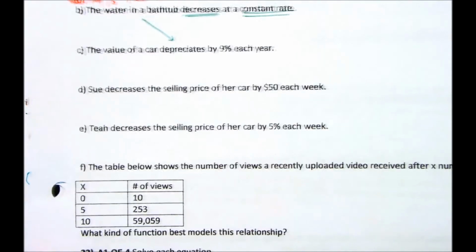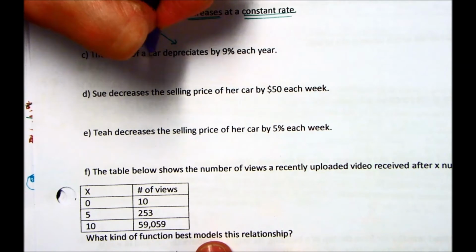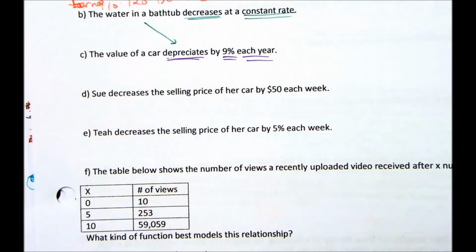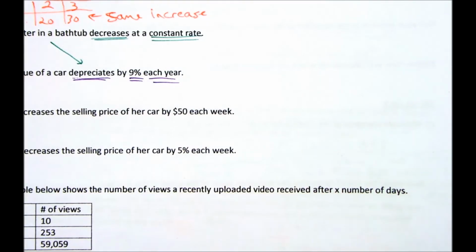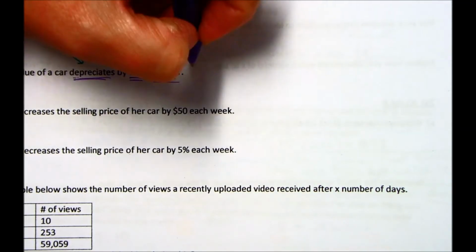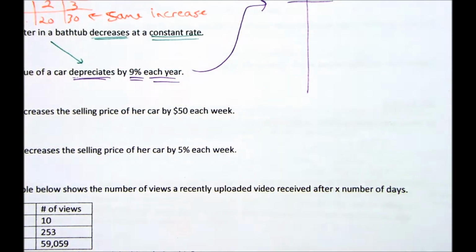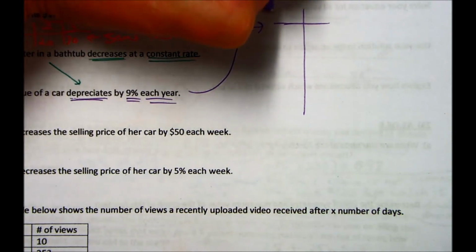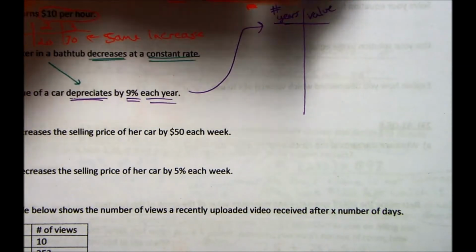The next one, though, is going to be exponential, and the reason is because you've got the value of a car that is depreciating by 9% each year. So I'm going to give you an example with a table so that you can see what's happening when the car depreciates by 9% each year. Let's say on the left I have my number of years, and on the right side of my table I'm going to put the value of my car.